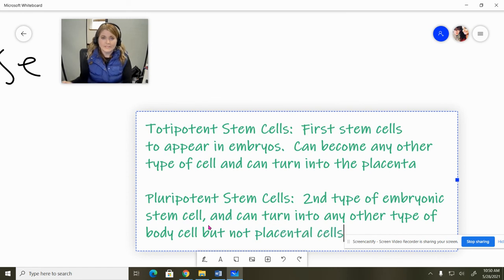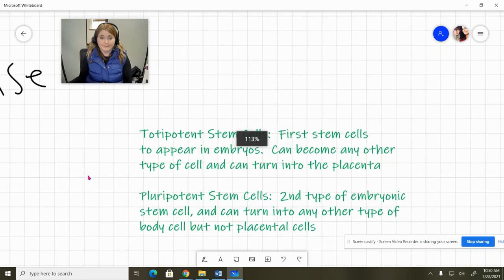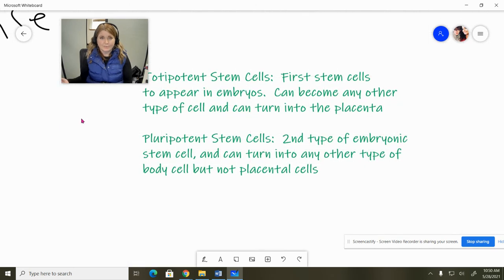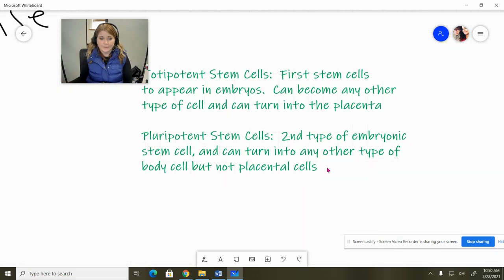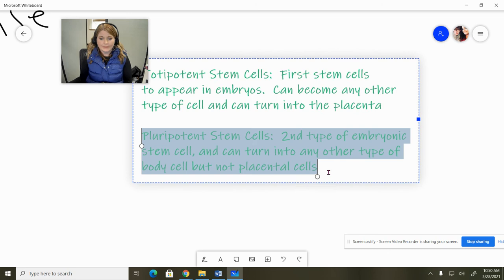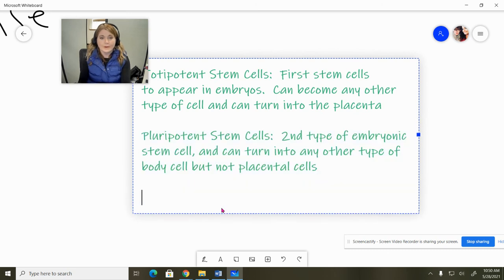They're a little bit more limited, but they're still pretty flexible as far as what type of cell they can become. And then we have what are known as adult stem cells, or multipotent stem cells.